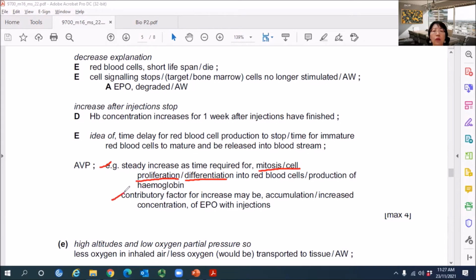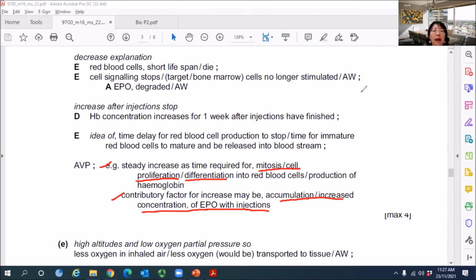Contributory factor for increase may be accumulation or increased concentration of EPO with injection. What does it mean? Increase in concentration of EPO from injection.